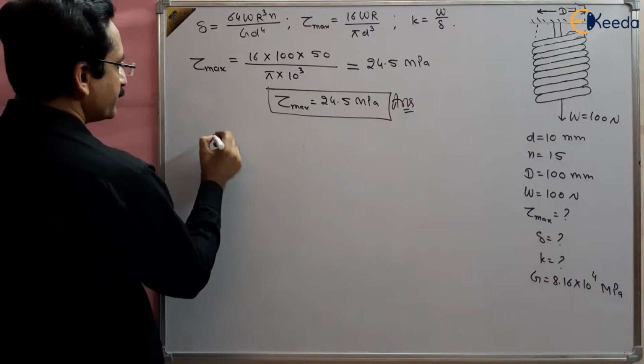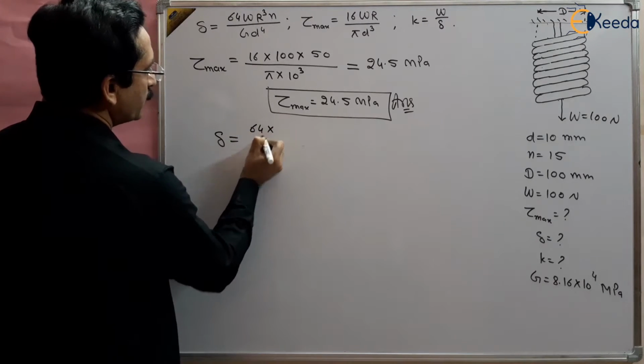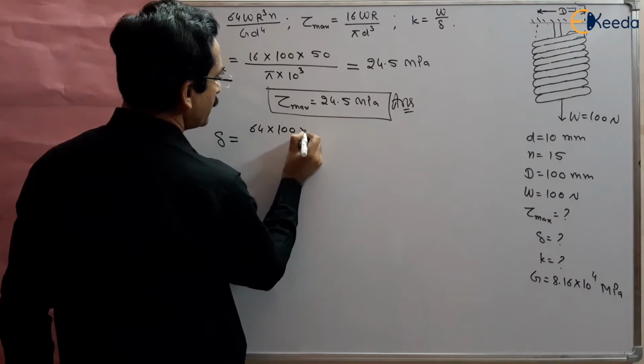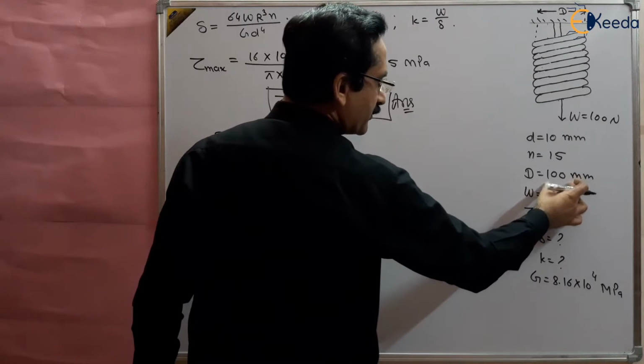Second, the deflection in the spring. This is 64 W R cube N by G d to the power 4. W is the weight applied, 100 Newton, multiplied by R cube, where the mean radius is 50, since the mean diameter is 100.